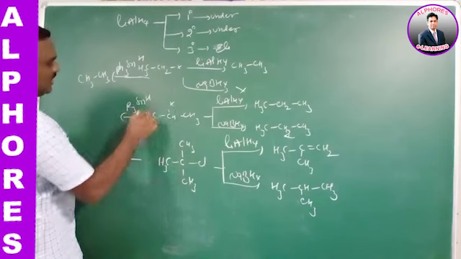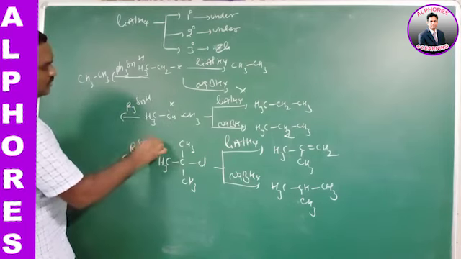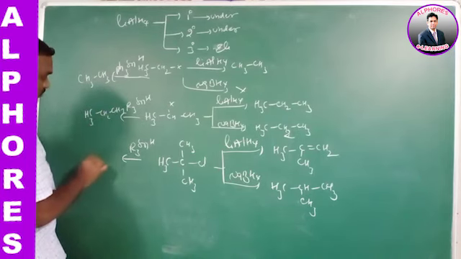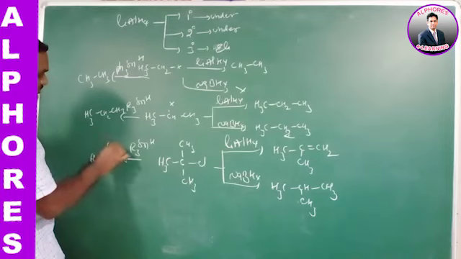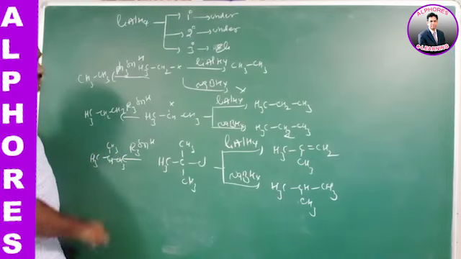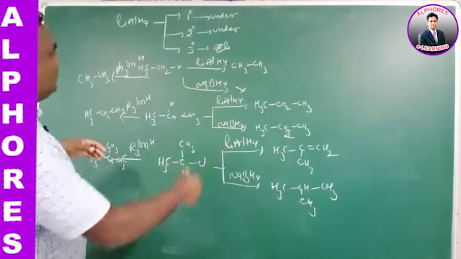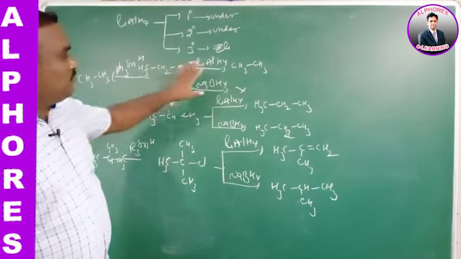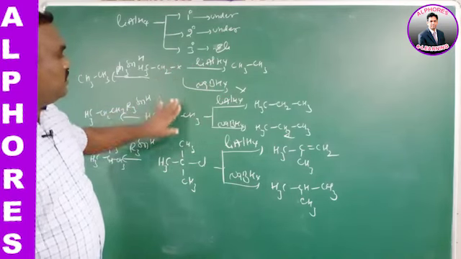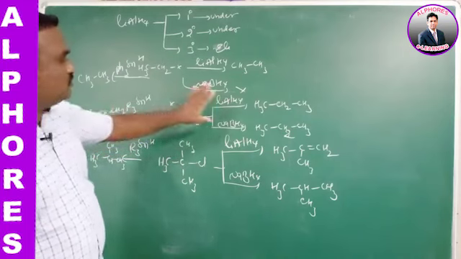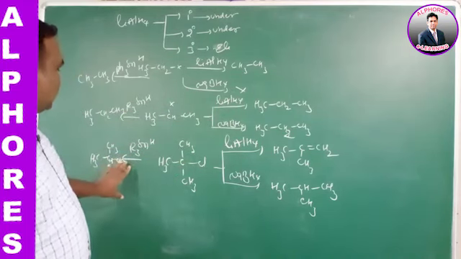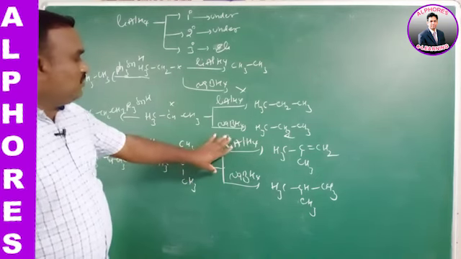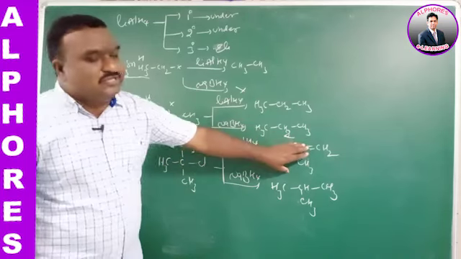Wherever trialkyl tin hydride is given, all of these undergo reduction, forming reduced products. This is the way to write products wherever primary, secondary, tertiary is given. For primary, lithium aluminum hydride produces product, sodium borohydride will not. Secondary means all will produce products. Wherever tertiary is given, trialkyl tin hydride and sodium borohydride both will reduce it; lithium aluminum hydride undergoes elimination reactions.